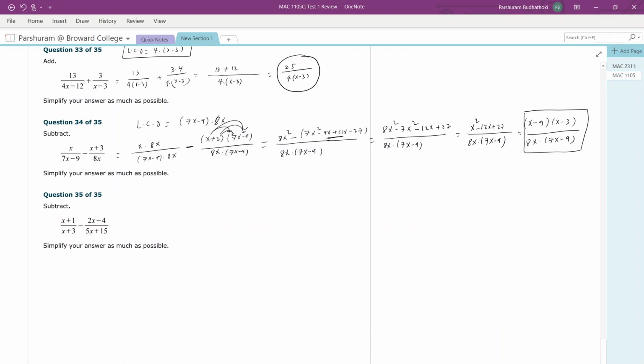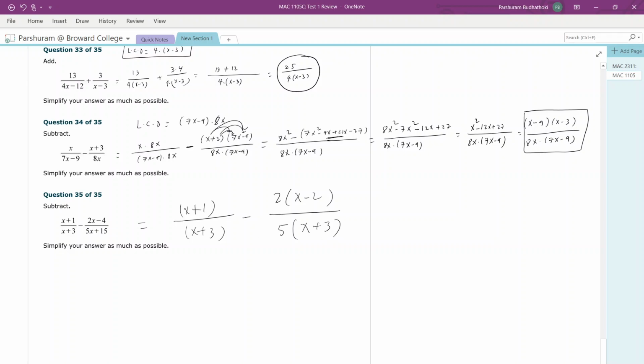Finally, the last problem, 35, we can make the same denominator by finding the factor for the second rational expression. On the top part it's 2 times x minus 2, and on the bottom part there is a 5 GCF. So after I factor out this 5, it will give me x plus 3.